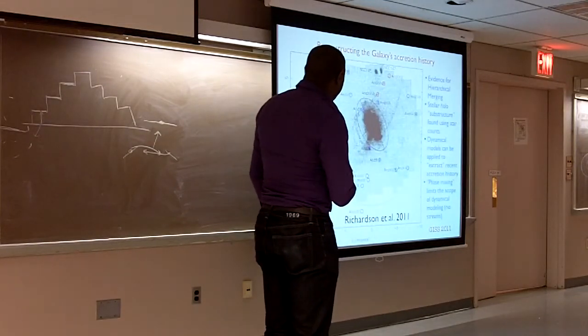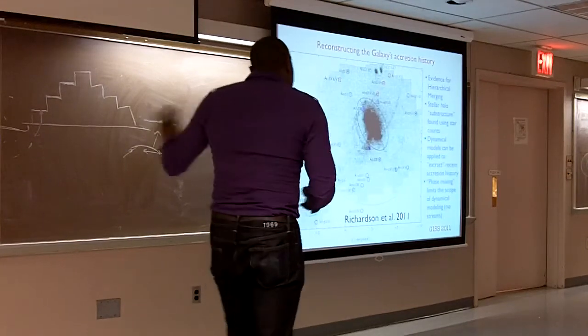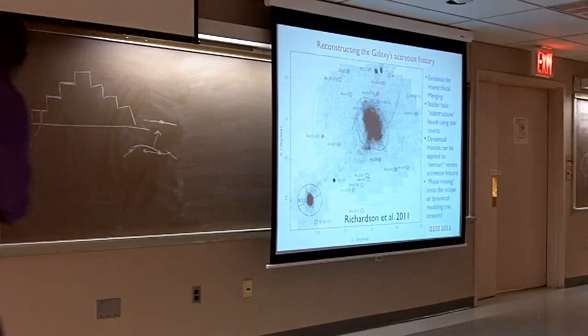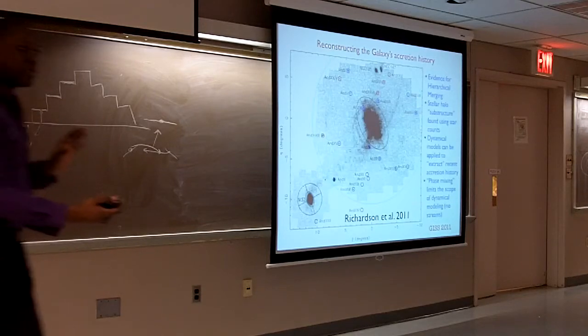So you see that the stellar halo has substructure. In the monolithic collapse model, because this is all kind of random fragmentation, you should have a smooth halo. You shouldn't see any substructure.